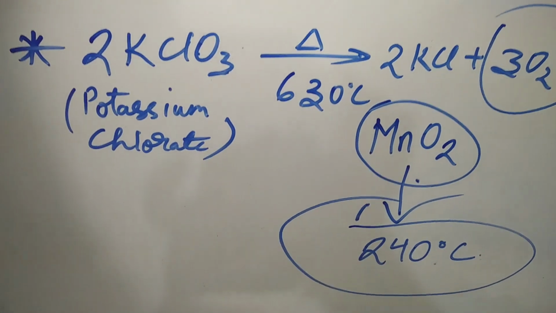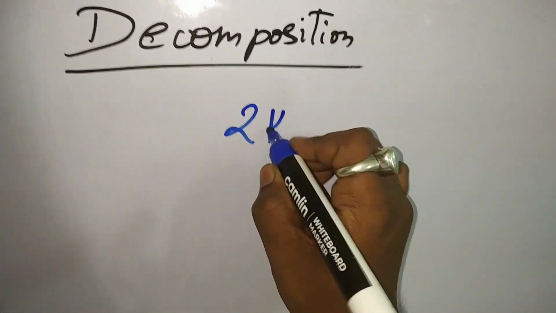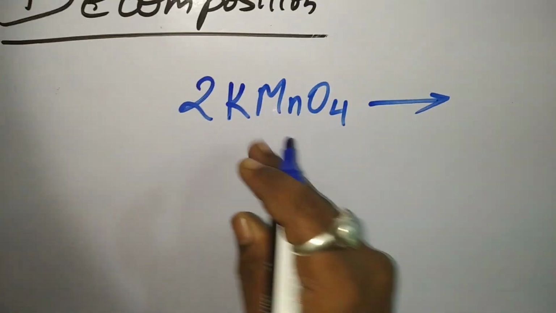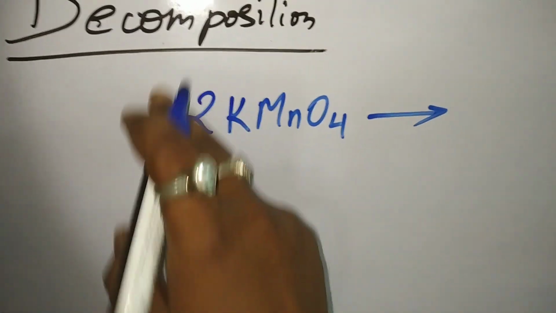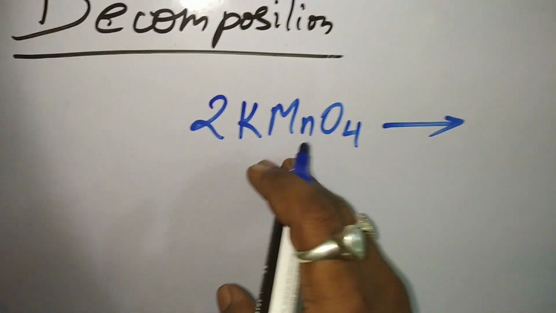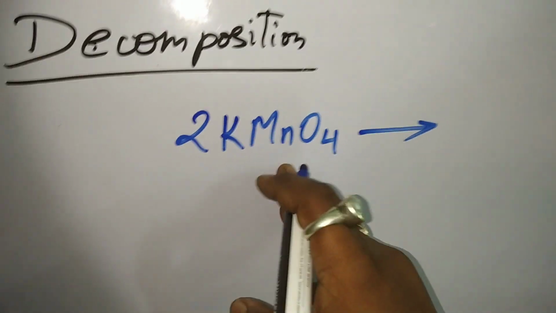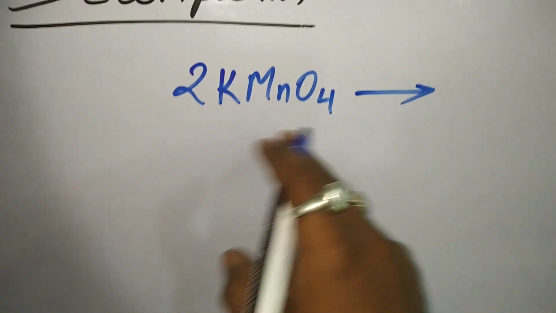Now move on to our next reaction. It is potassium permanganate. We use it in medicine, as well as pesticide, insecticide, and to clean our house, meaning it is a daily application.